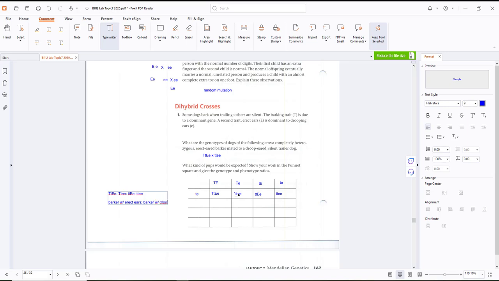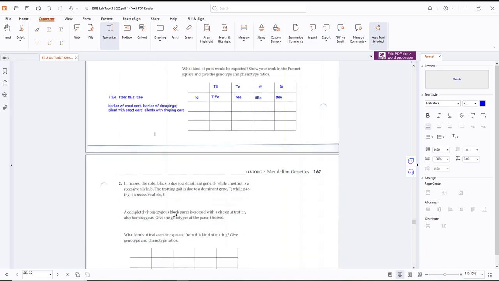And then little t, he's silent. Silent with erect ears. And then this last one, little t, he's just like one of the parents, silent with drooping ears. Okay, so we gave the possibilities.